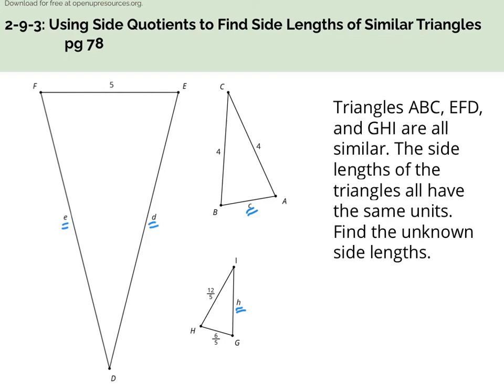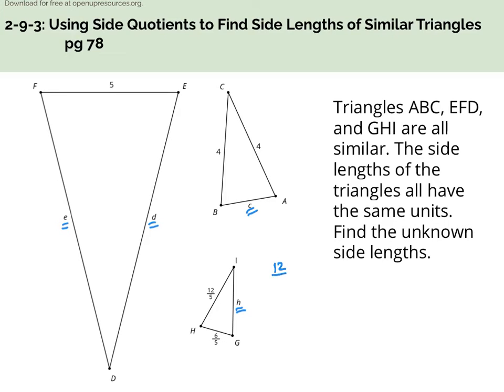The first one I'm going to solve for is C. The reason is it looks like these two are in the same area. So I'm going to do 12 over 5 and then over 4, because remember, we're going to put those in quotient or fraction form.